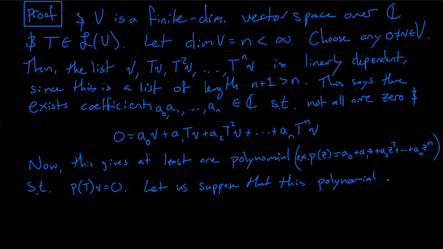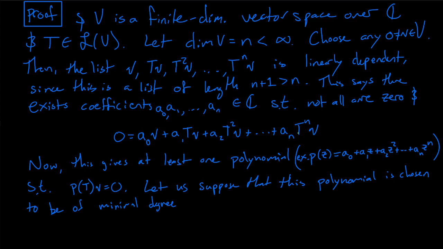Okay, suppose that this polynomial is chosen to be of minimal degree. Okay, so the idea here is that we want to choose this one so that the degree of the polynomial is as small as possible. That is, if there are many different choices of the a's that let us do this, let's choose the choice where all of the coefficients on big powers of t are 0.